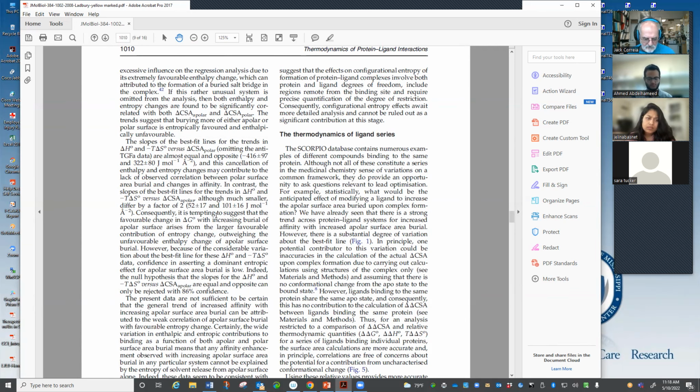And part of the issue that they're trying to make is this is a whole conglomeration of drugs and proteins. Each specific case brings up the possibility of confounding issues that make the enthalpy and the entropy difficult to predict from just buried surface area.